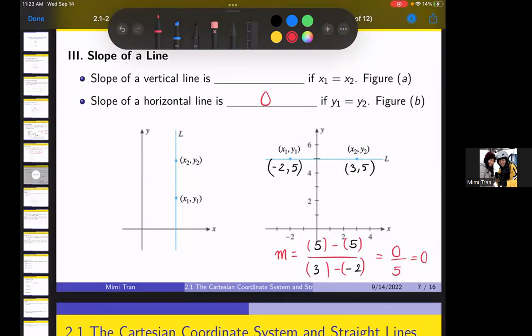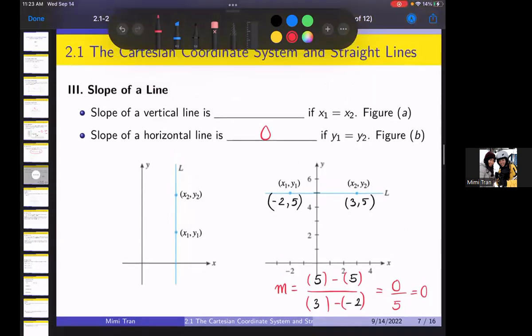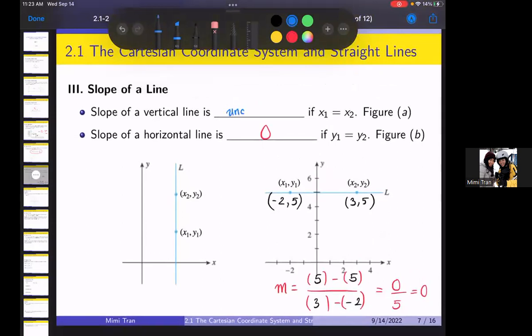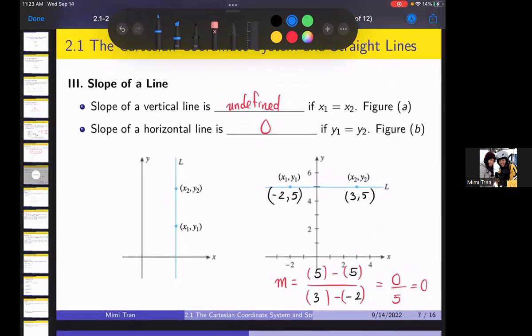What about the vertical line? Very good, right? Why is it undefined? For example, 5 minus 5 on the top gives 0, but if you have 5 minus 5 on the bottom, you divide by 0. So for example, let me give you a point. Say 2, 3 here, and then 2, 6 over here.